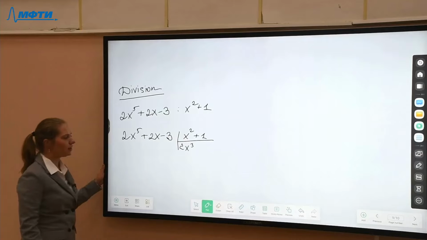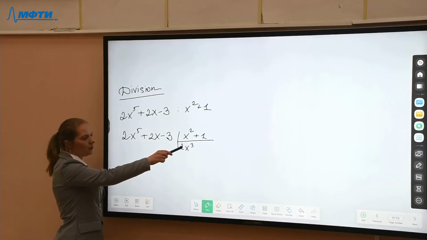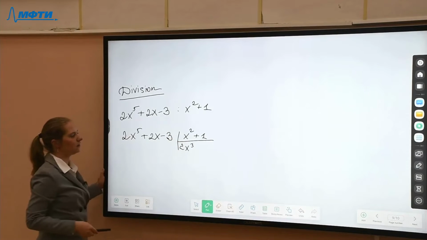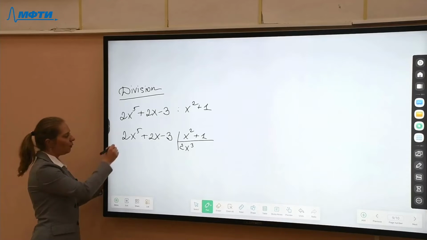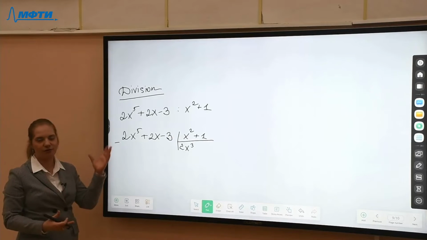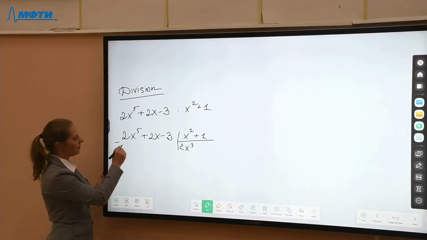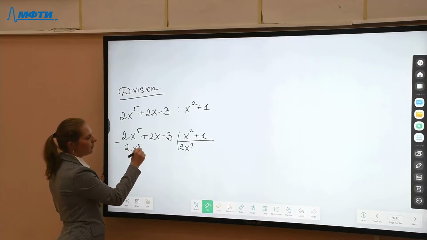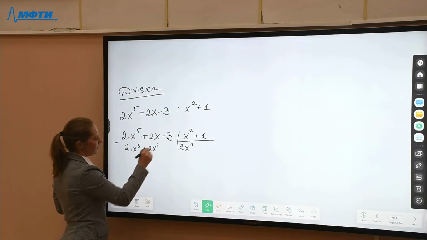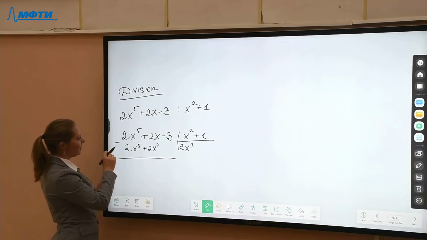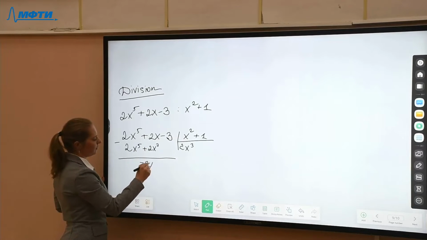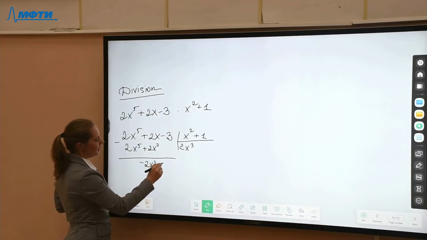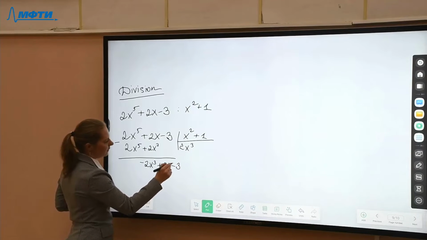Then we need to multiply this monomial by our divisor, and we subtract the result from the initial polynomial. So it is minus x to the power of 5 plus 2x cubed. Okay, subtract. Minus 2x cubed plus 2x and minus 3.